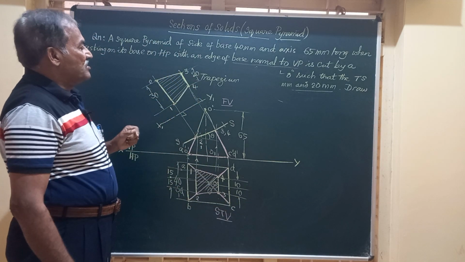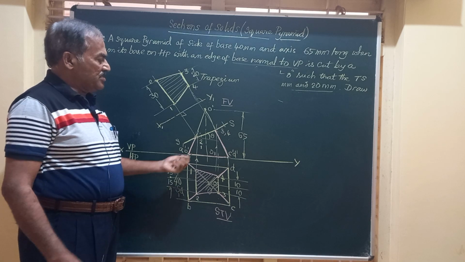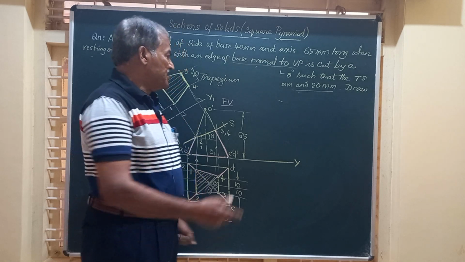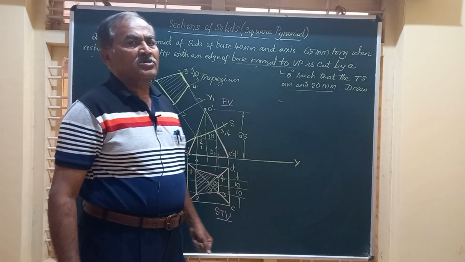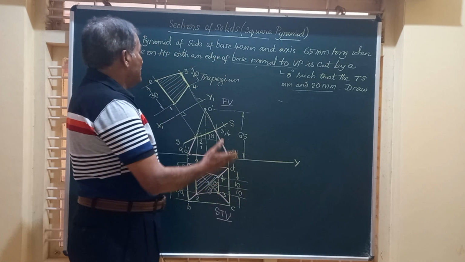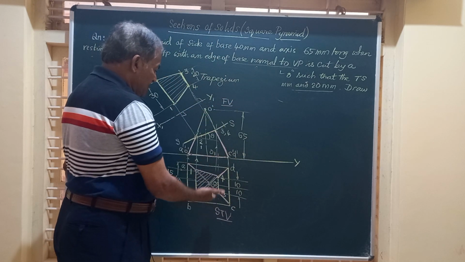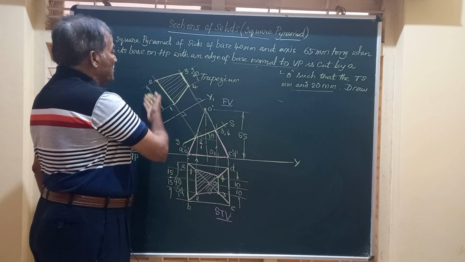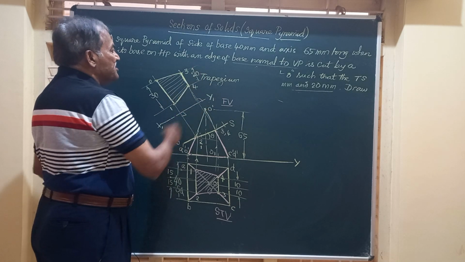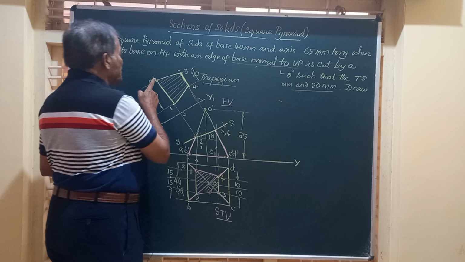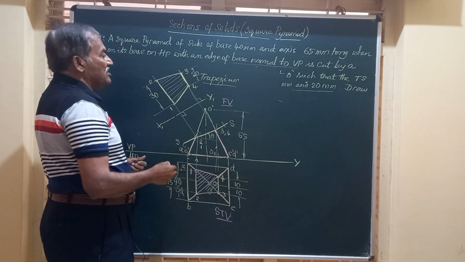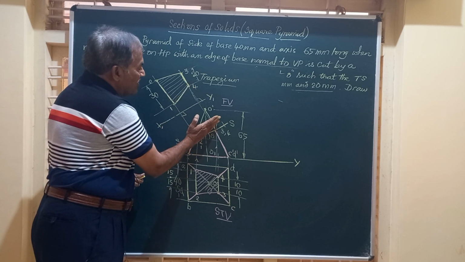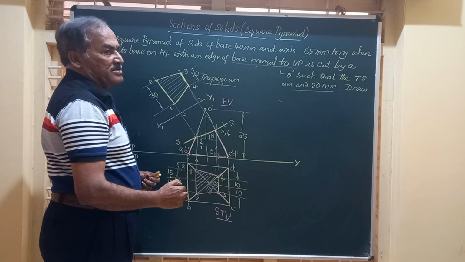So friends, in this problem, the true shape of the section obtained, with the section plane at an angle theta to the horizontal, for this specification we have got the sectional top view, the front view, and then the true shape of the section, which is a trapezium having parallel sides measuring 30 mm and 20 mm respectively. And this dimension depends on the orientation of the section plane.